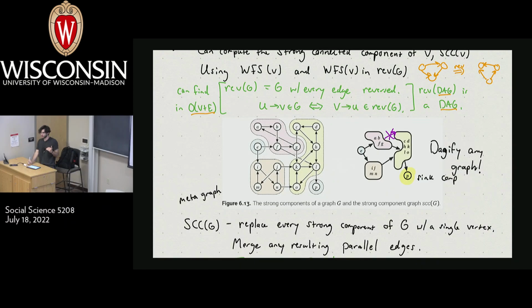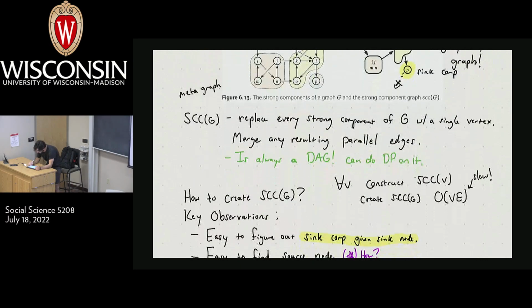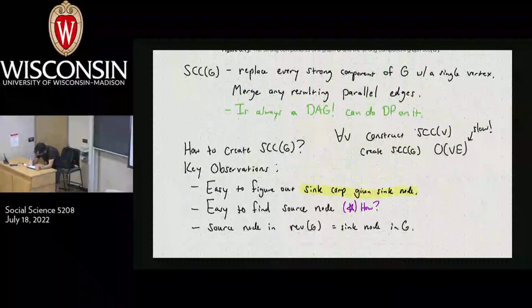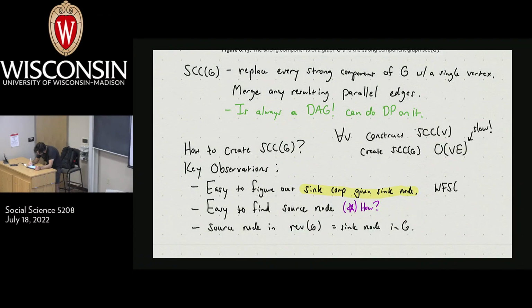What's cool about a sink component is it has no outgoing edges, by definition of being a sink. So everything in a sink component can only reach themselves. They can't reach other components. So in particular, any search of some sink node will exactly be the sink component. So you can do a single search to find the whole sink component. You don't have to worry about accidentally going farther into other components, because there's nowhere else to go. You're at the end.